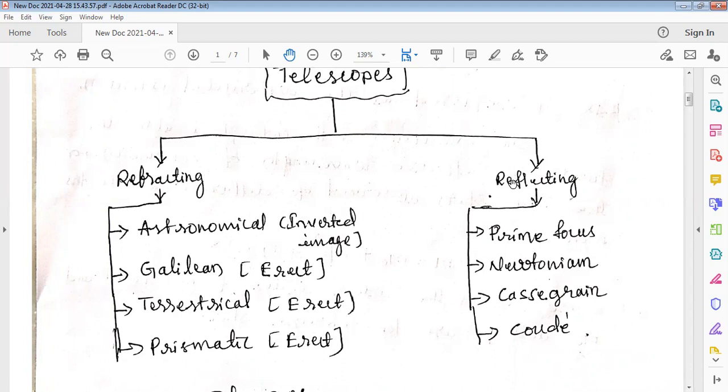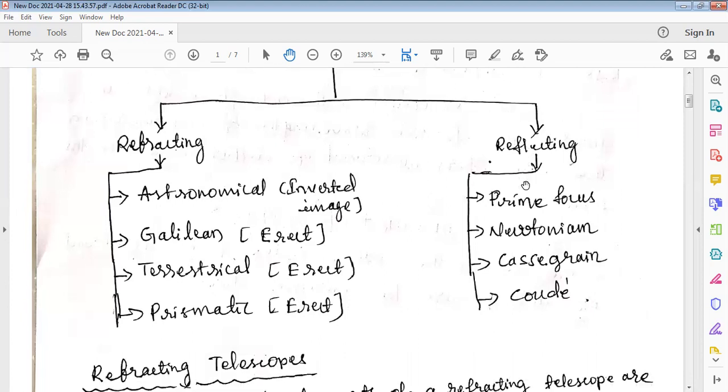But in the case of reflecting telescopes, the objective is a concave mirror. As you know, a mirror reflects the light. It does not refract the light, because a mirror does not allow the light to pass through. Therefore, this kind of telescope is called a reflecting telescope. These telescopes use a concave mirror as their objective.